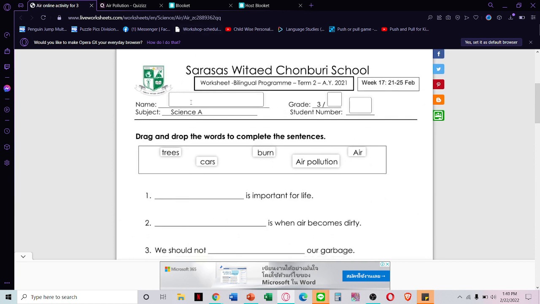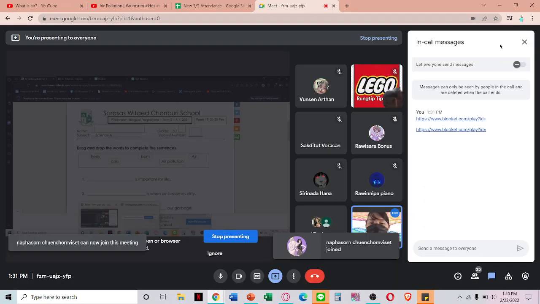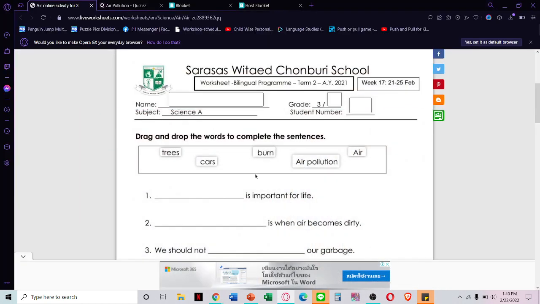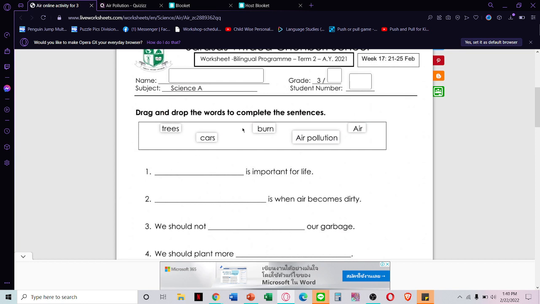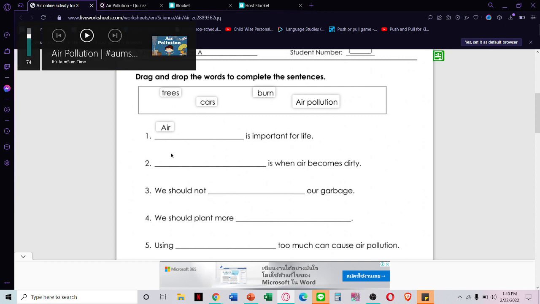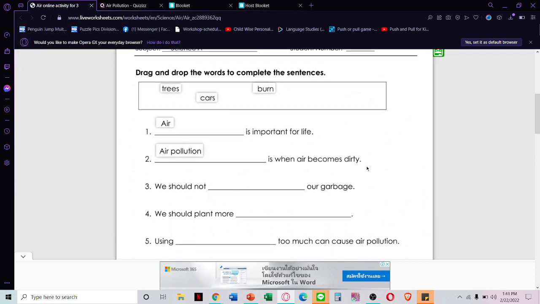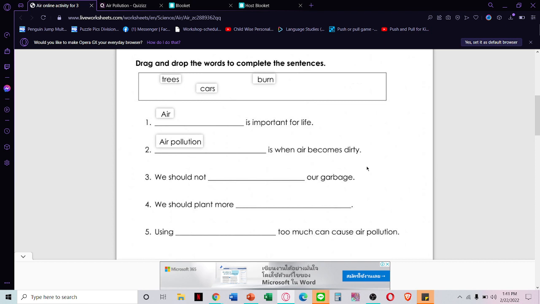Okay, now for the live worksheet, can you see the live worksheet now? We have trees, cars, burn, air pollution, air. Number 1, blank is important for life. What is important? Air. Blank is when air becomes dirty. Air pollution. We should not blank our garbage. Burn.